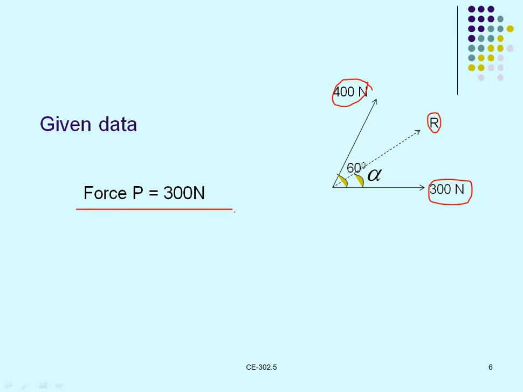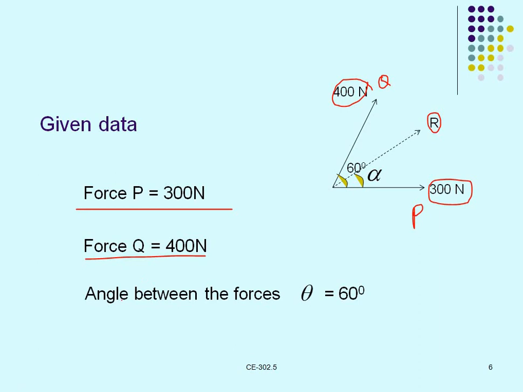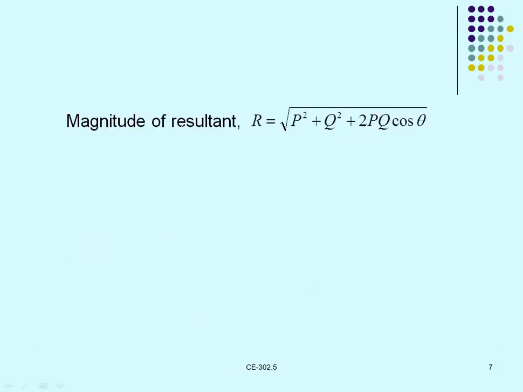So force P is equal to 300 newtons and force Q is equal to 400 newtons. The angle between the forces, theta, is equal to 60 degrees. We have to find the resultant R, that is, the magnitude of resultant R is equal to root of P square plus Q square plus 2PQ cos theta.